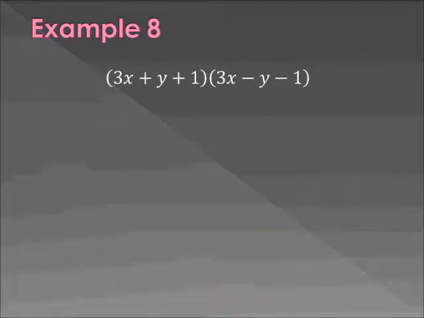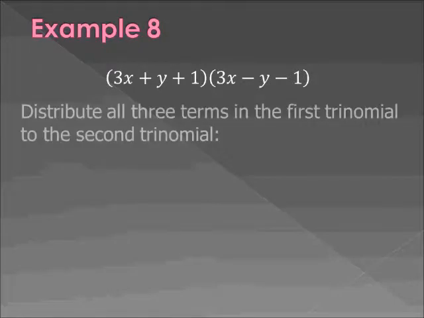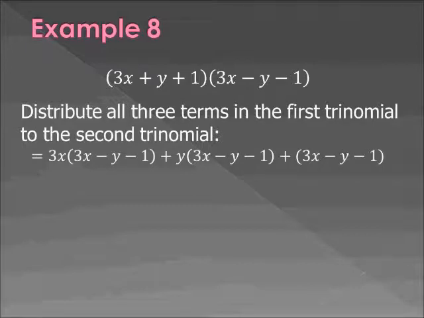All right, last but not least, we have example 8. 3x plus y plus 1 times 3x minus y minus 1. Now again, you can use the distributive property to distribute all three terms in the first trinomial to the second trinomial. But yes, this is getting a little cumbersome. So you take the 3x from the first trinomial and you multiply it by every term in the second trinomial.